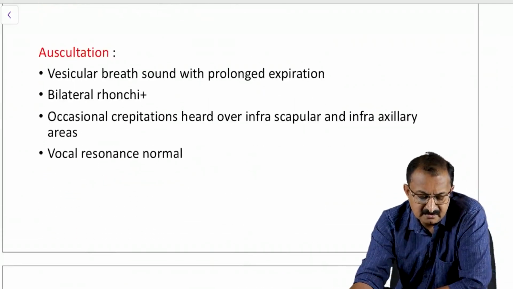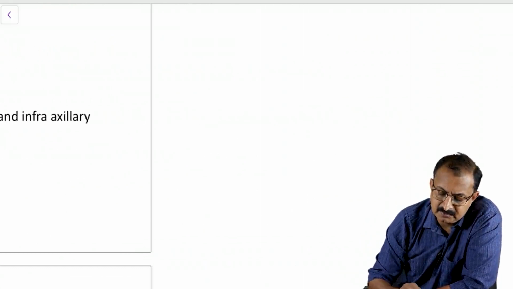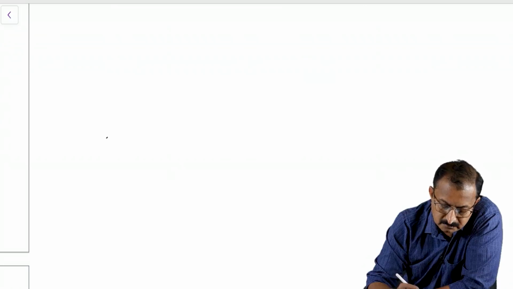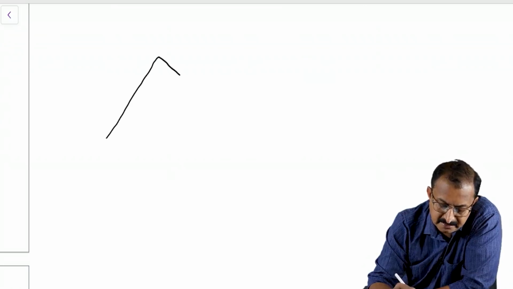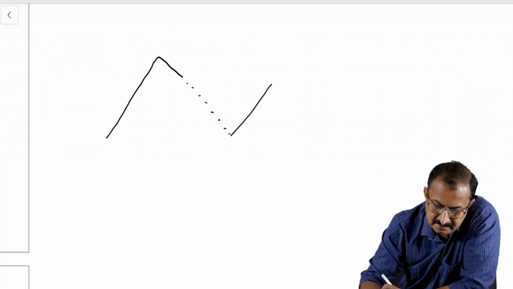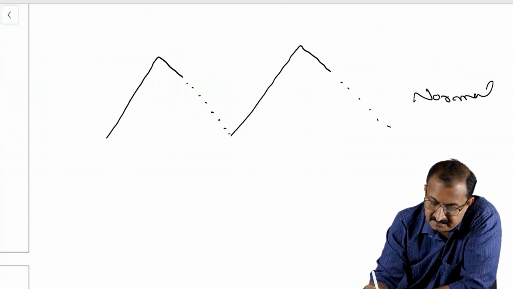On auscultation, vesicular breath sound with a prolonged expiration is heard. Regarding vesicular breathing, there will be inspiration, there is no gap, and there is expiration, and the rest of the expiratory phase is silent, and then again the next inspiration, expiration. This is the normal pattern.